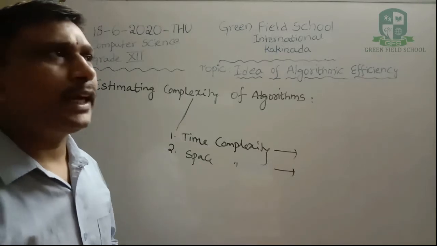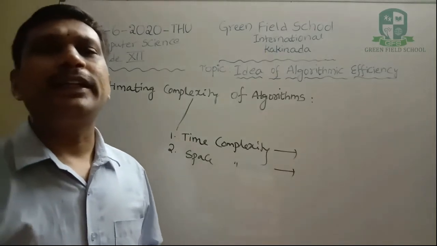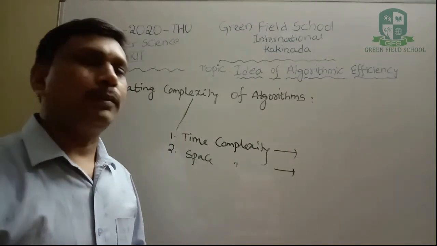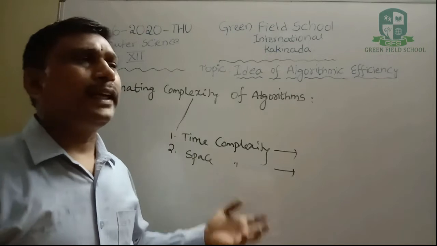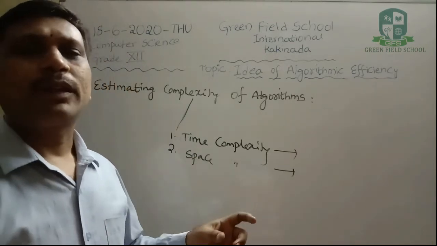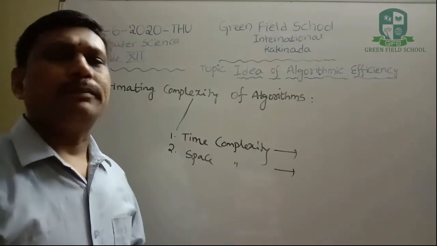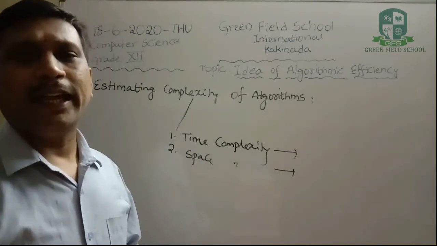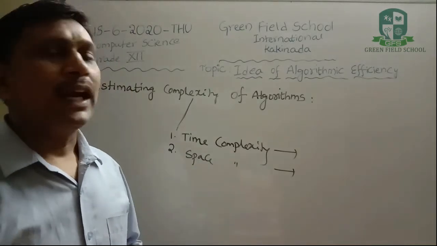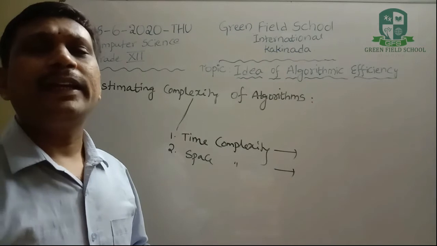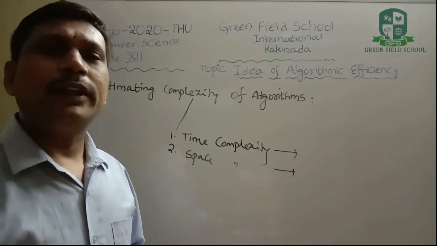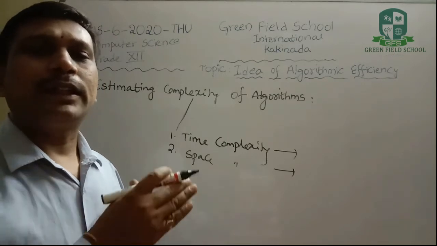For example, in a program I am taking an integer variable, suppose a is an integer variable. An integer variable consists of 2 bytes of memory. So for the program instruction int a, the integer a occupies 2 bytes of memory, and for int a is equal to 10, that is stored in memory.